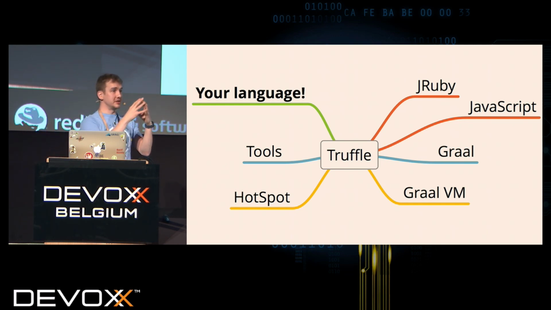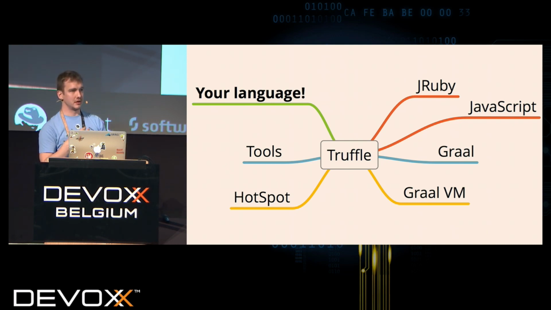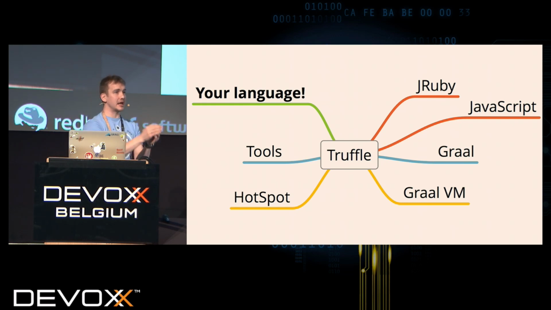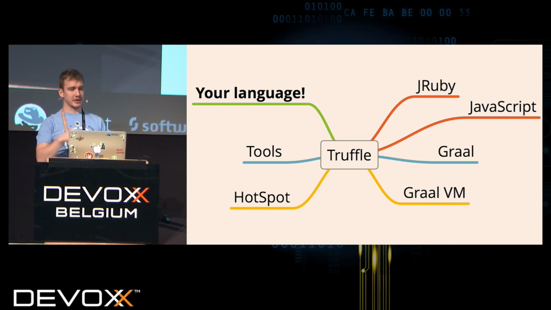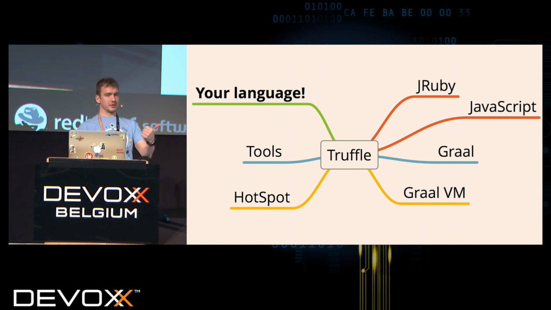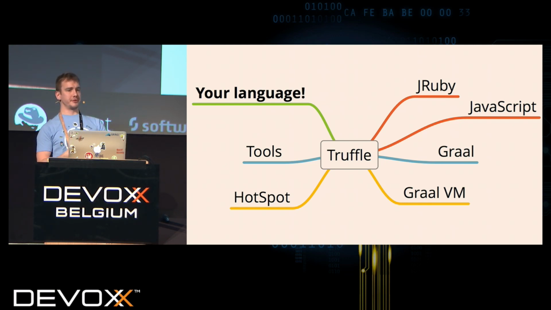So you can have the same tooling. You can have the same infrastructure. You can have the same benefits that the VM engineers introduced to the underlying virtual machine, and use that in different managed languages that are implemented over Truffle. So there is a JavaScript runtime that currently works there. JRuby runs with Truffle.